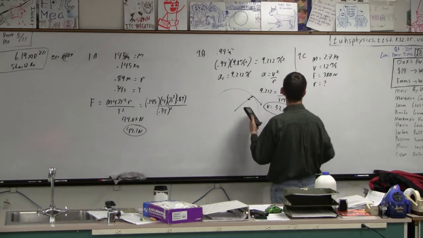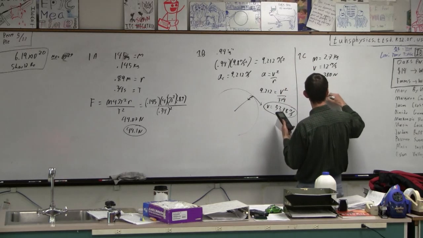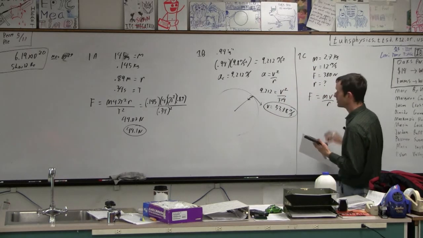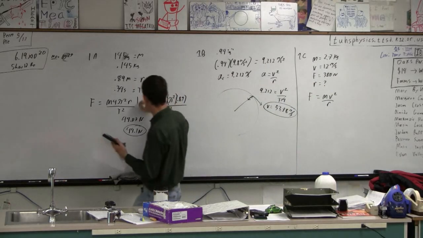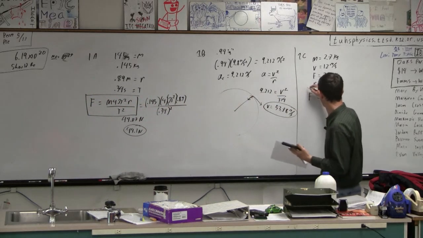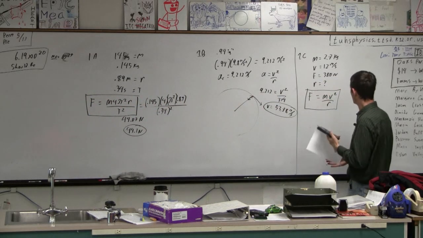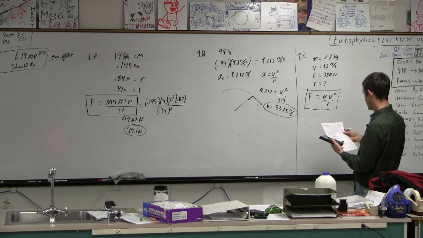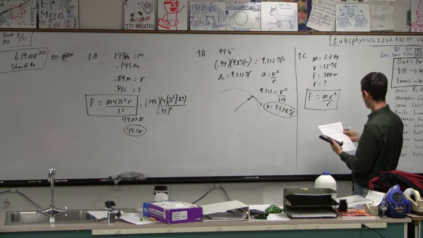For this one, I'm going to use the force is mv squared over r. So there's two formulas here for centripetal force, this one here and this one here. And then we're just basically solving for the radius, right?